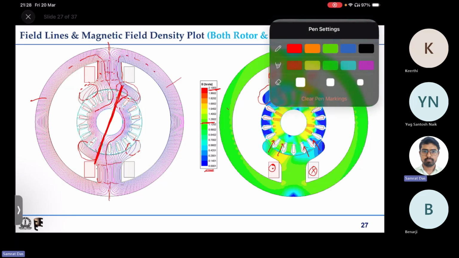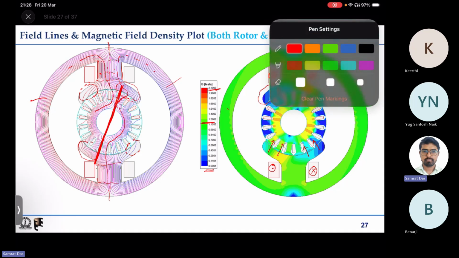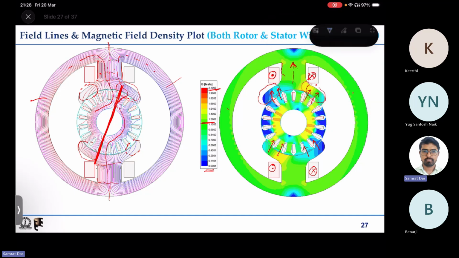Now let us try to see what happens due to the excitation of the rotor. So if rotor is excited, let me indicate with black. For the rotor, what was the direction that we took? We took dot in the upper side conductors and cross on the bottom side conductors.